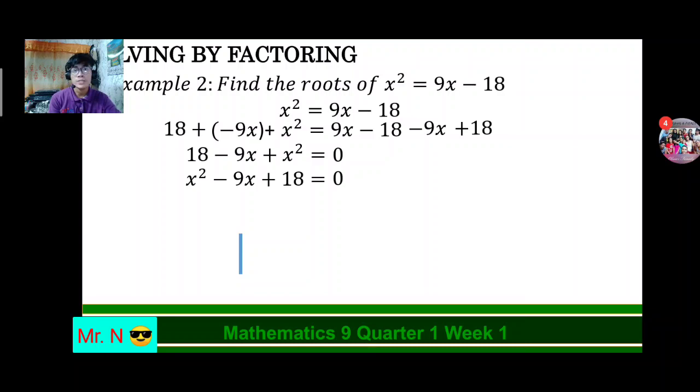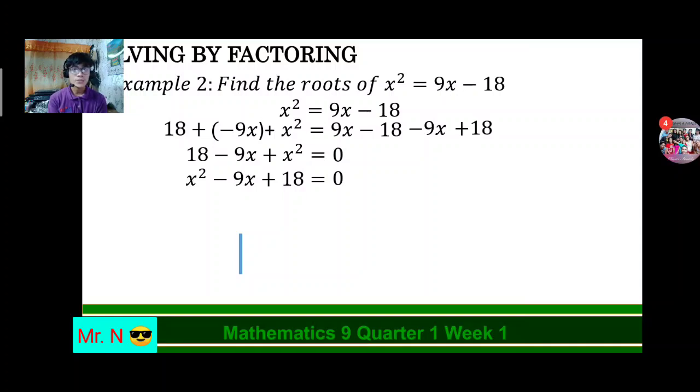Kaso, we need to consider the middle term. The middle term is negative 9x. So, meaning to say, kailangan yung factors na gagamitin natin sa 18 is when we add, the result is negative 9. Okay?